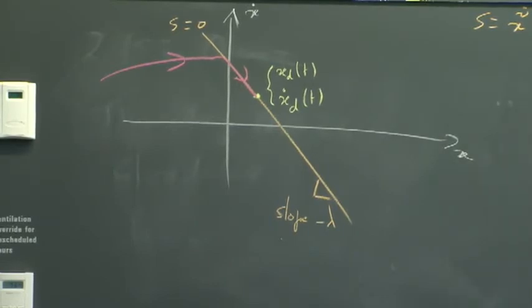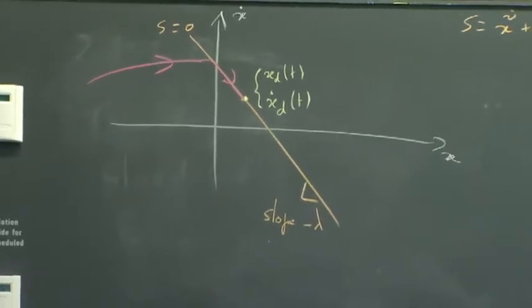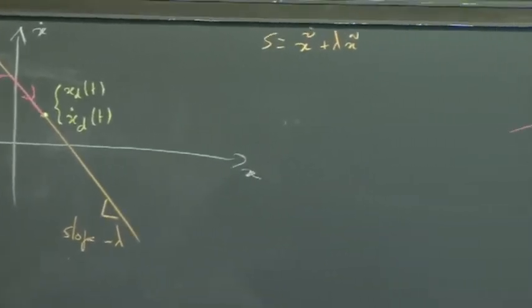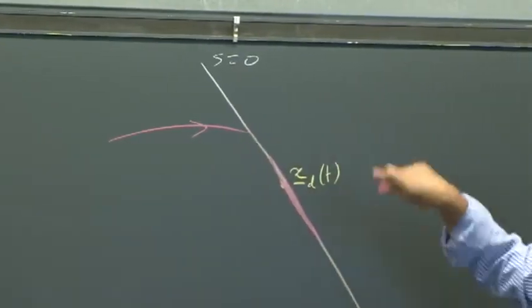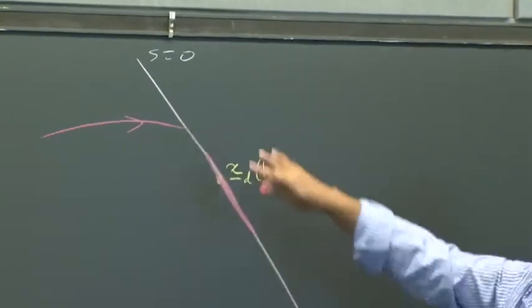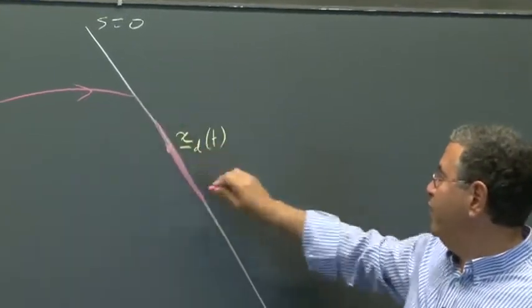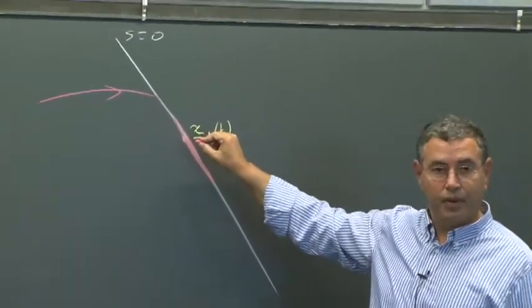And similarly here, if you reach this, and then you know somehow that once you're there, you stay there, you've made this S equals 0 invariant, then you're going to slide to xd. It might look a little more complicated because it's nth order. So the sliding may look like a spiral or something like that, but you will end up at xd.